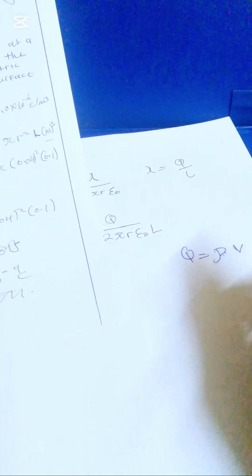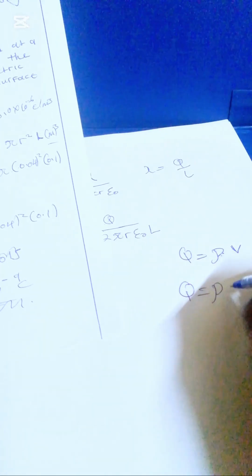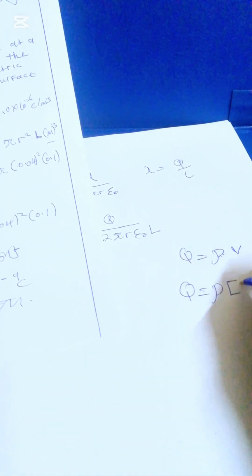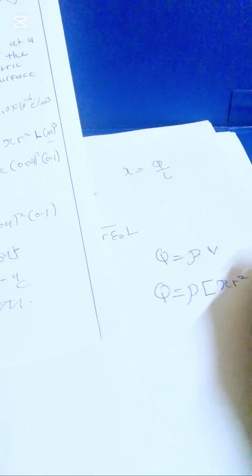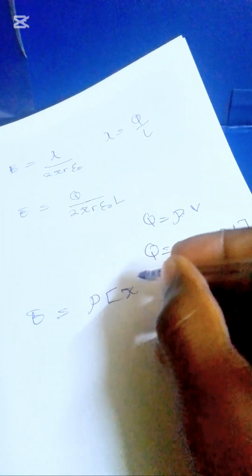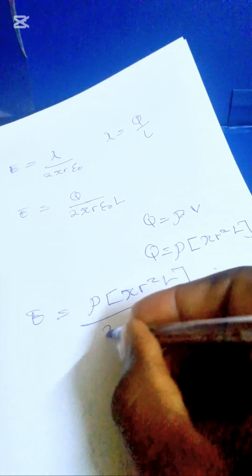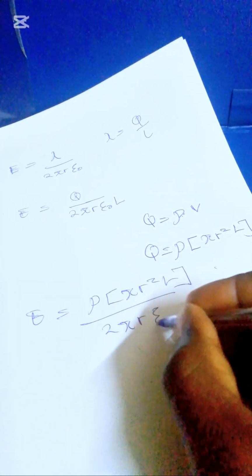So I'm going to replace what volume is. So volume we said is pi r squared L. So I'll replace it now on charge. So when you replace that on charge, we are going to have that over pi r squared L over 2 pi r epsilon 0 L.